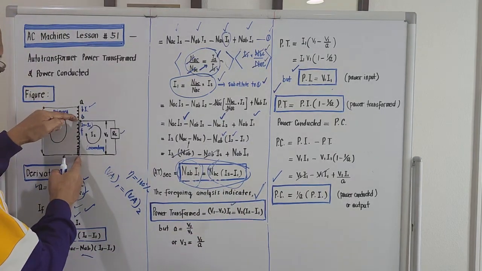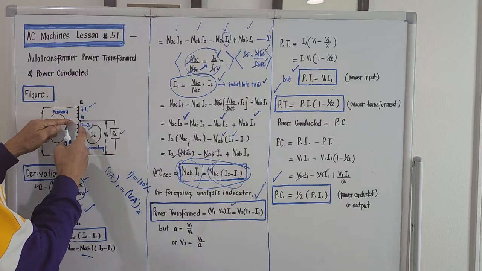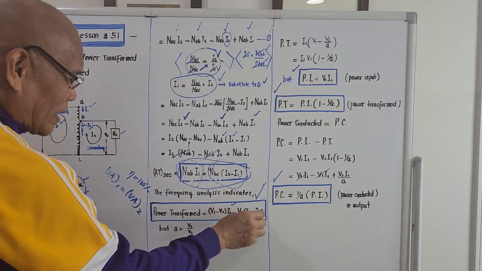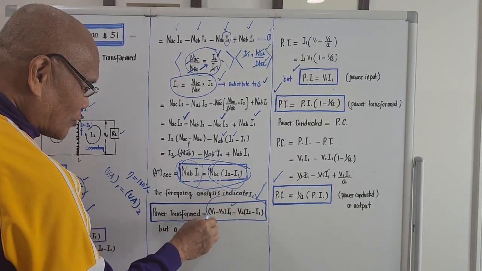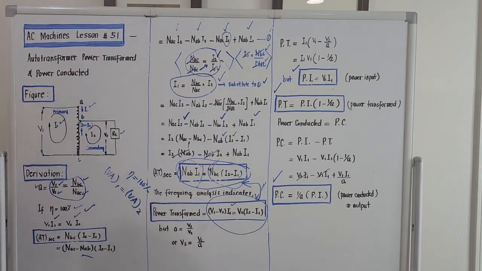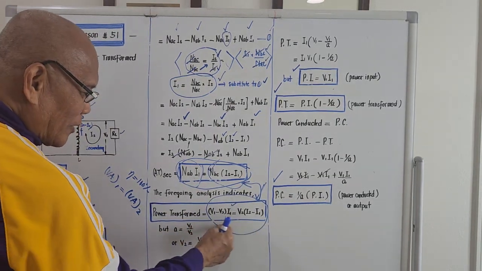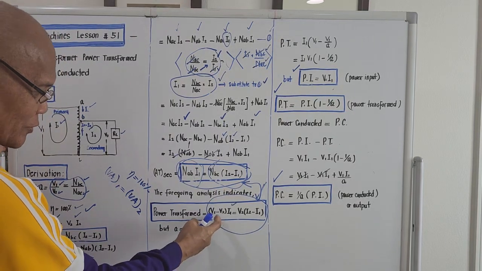And the voltage across this is actually V2, and the current passing here is actually I sub 2 minus I sub 1. That's why, again, we brought up this one, and this one emanates from this. Now let's compute for the power transform using any of these equations. We will be using the first one.